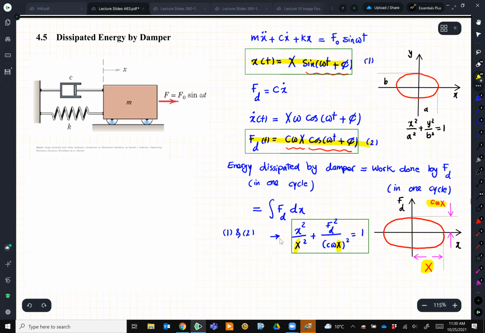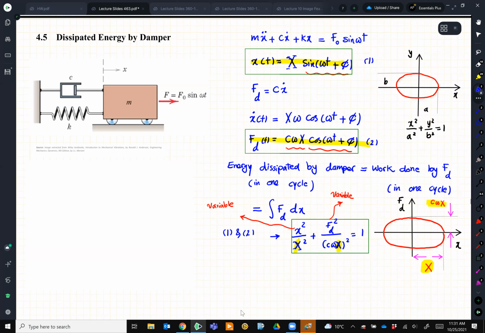Okay, no, this is a variable, it changes. This is a variable, right? It changes, and F_D also is a variable. They change. So F_D and x change, but this is a constant, right? Remember, this X is the same X as the amplitude of our vibration. This is X also, all right?